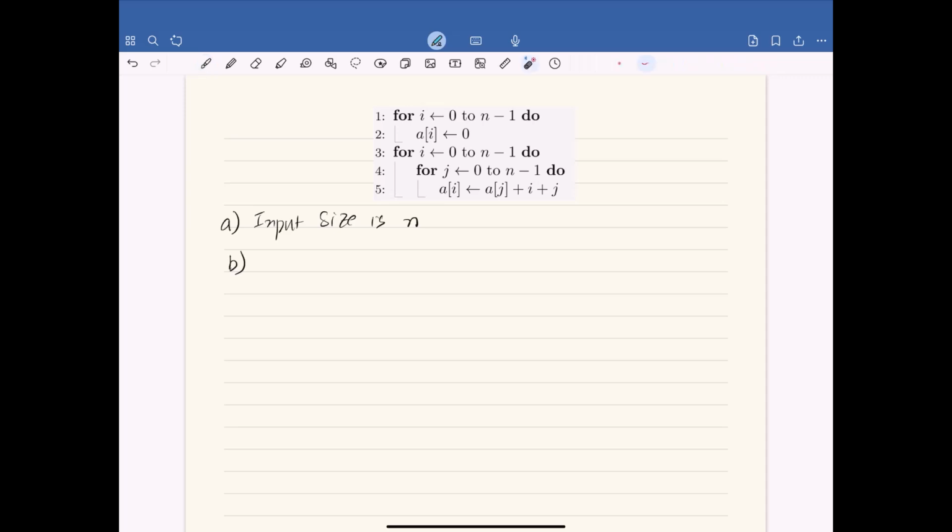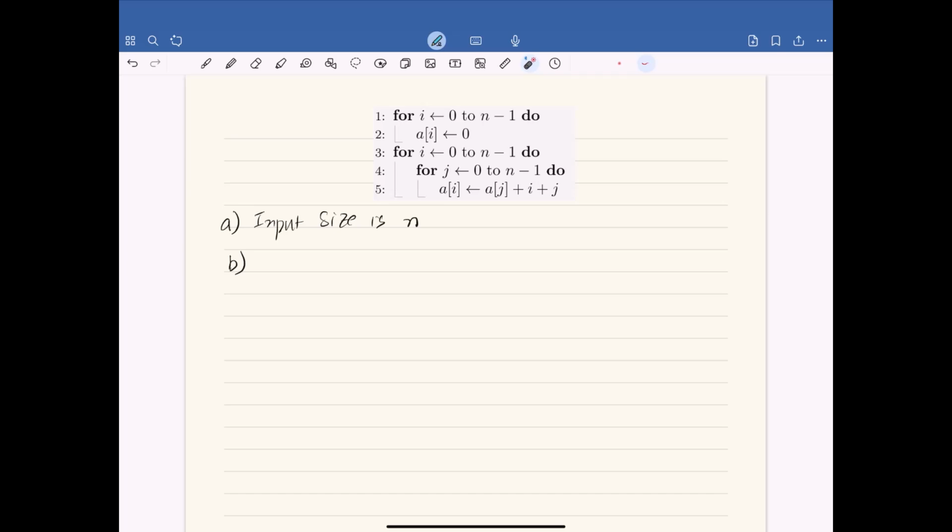Our next question is the number of times the condition at line 4 is executed. This condition is part of the inner loop, and as you remember, for any loop, the number of tests of the condition is equal to the number of iterations of the loop plus 1. So let us start writing the summation.